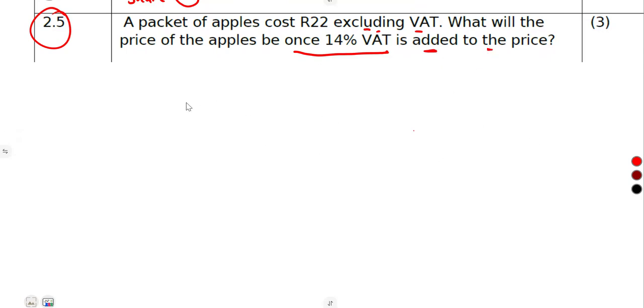There are so many ways of answering this question. Since we do not have the value added tax, let us calculate its value. It is 14 over 100, 14% of the original price excluding VAT, which is 22 Rand. That is the concept.